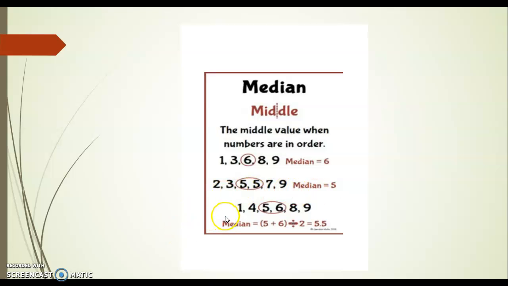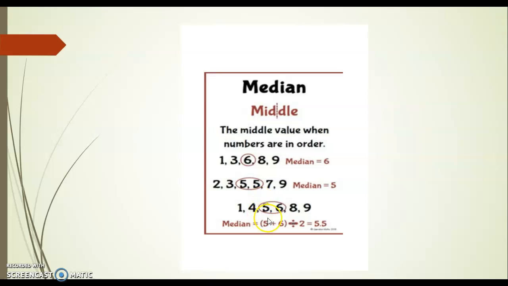However, over here in this set of numbers, as you can see, you have 2 numbers also in the middle. However, they're different. You cannot just pick and choose whichever number you want to be the median. You just can't be, oh, I want 5, and somebody else be like, oh, I want 6.